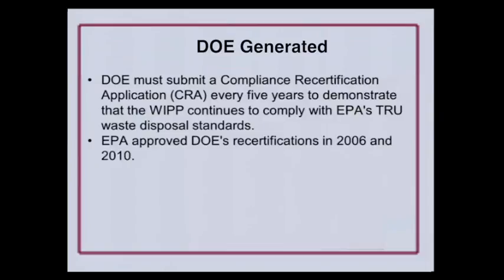I think it says there, yeah, the last recertifications were in 2006 and 2010, so in a couple of years they'll be up for recertification again. As long as they meet it, no problem, they can keep shipping. If there's a delay in the paperwork or for whatever reason the processes don't satisfy the EPA regulations anymore, they'll pull the cert. You can't ship to it. As soon as they meet certification requirements again, then you can start shipping to it. That's the way that works.